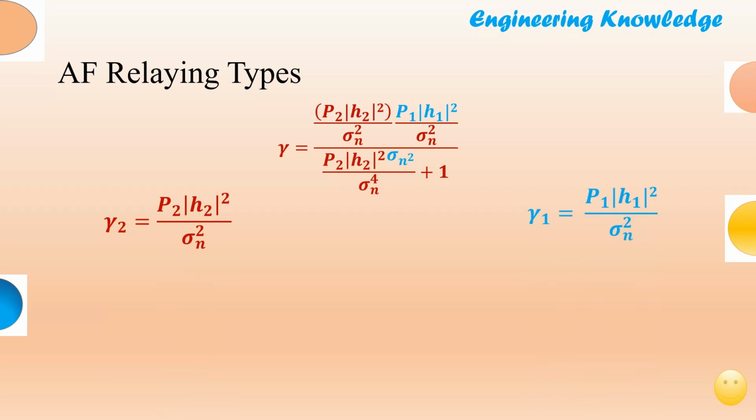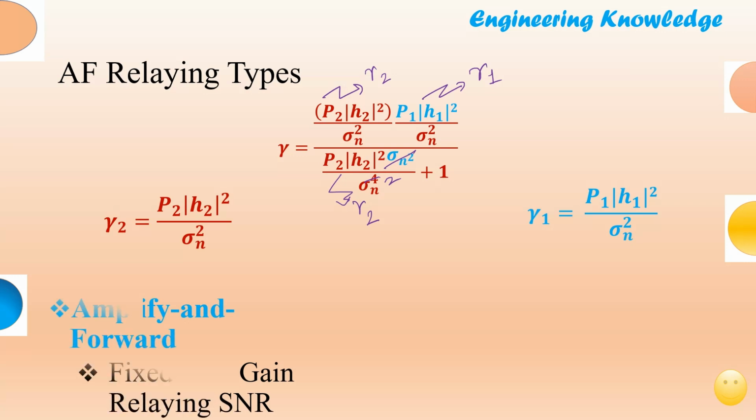Then you can understand that this component here is gamma 2, this component here is gamma 1, and this component here is gamma 2, because this has already been cancelled. So for amplify and forward fixed gain relaying systems, because of the gain that I used, I can write the overall SNR to be gamma 1 gamma 2 upon gamma 2 plus C.